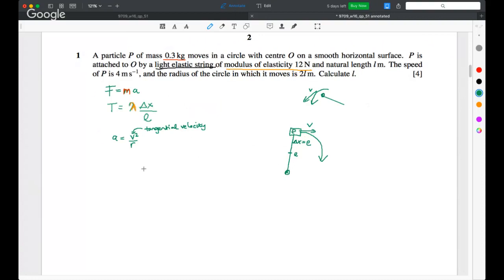Now you just have to equate. We recognize that the tension in the string is the only force acting on the particle. So any acceleration it undergoes must be related to that, using F equals ma. So we have the tension, which is lambda delta x, which is L, over L, equal to the mass times this acceleration, v squared over r, and r is 2L.